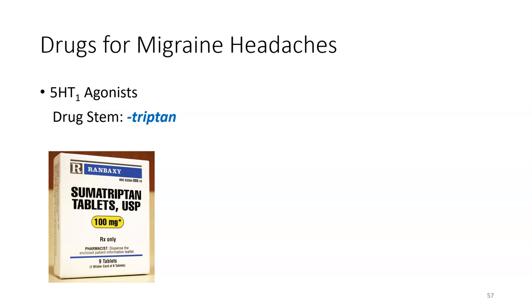It comes in tablet form, as an orally dissolving tablet, as a self-injectable form, and also as a nasal spray. So lots of different dose forms. Many drugs in this class, but you're going to identify all of them using that drug stem of triptan. So we want to help somebody. An agonist activates, helps somebody with a migraine.